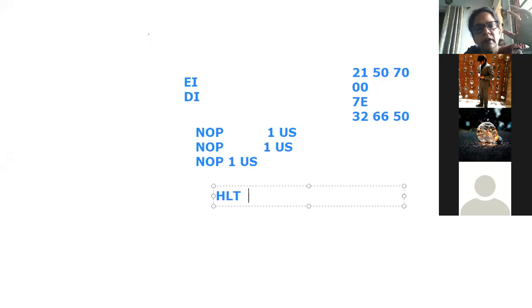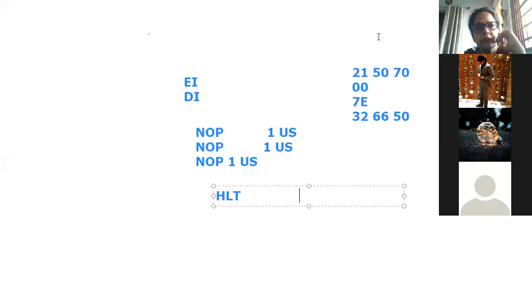It takes the microprocessor into the wait state, where all the buses become tristated. So unless and until you press the reset key, the microprocessor will not function. That is the main use of halt.